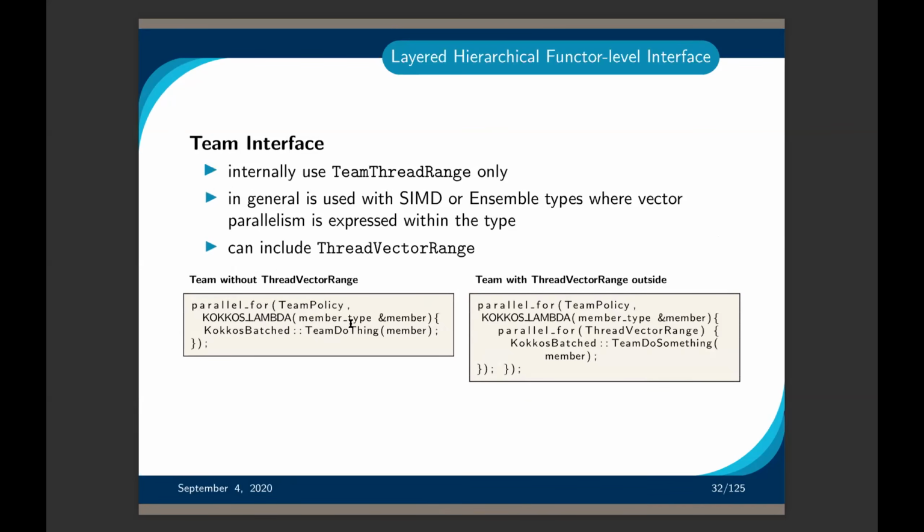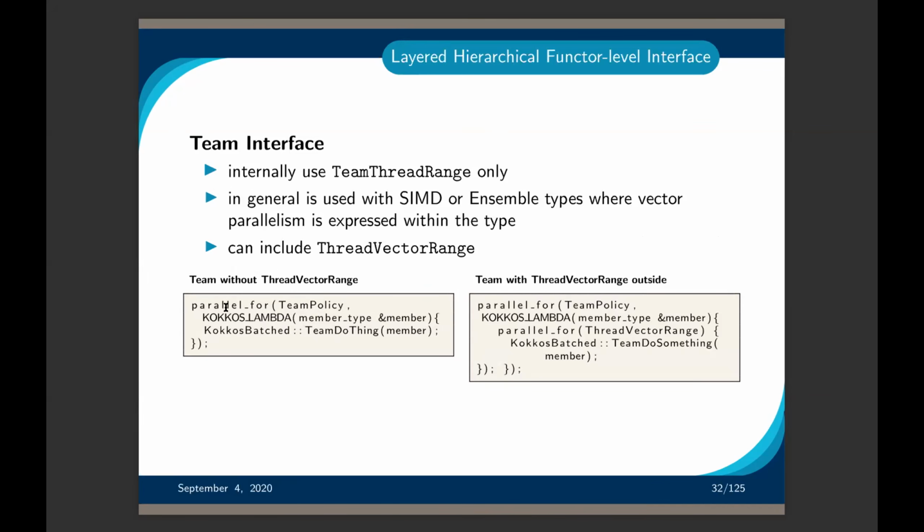The last one is the team interface. The team interface is a very special interface. This is required if the vector parallelism is expressed inside of the data type, like the SIMD or ensemble type. They can utilize the vector parallelism internally, so we cannot include that in the interface.